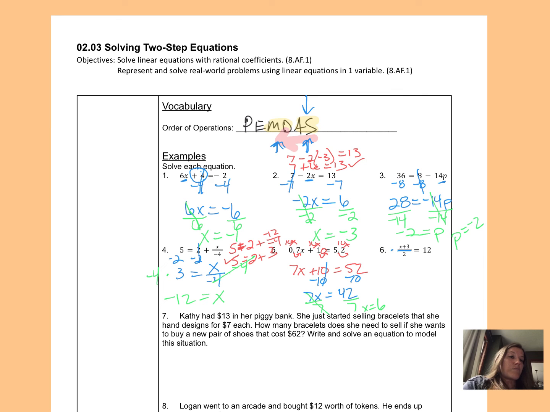So let's do the opposite to undo. Multiply both sides by 2. Multiplying and dividing by 2 is going to cancel out. So that just leaves me with my numerator of x plus 3 is equal to 12 times 2 is 24. Now I've got an equation I can solve. I'm going to subtract 3 from both sides, and x equals 21.